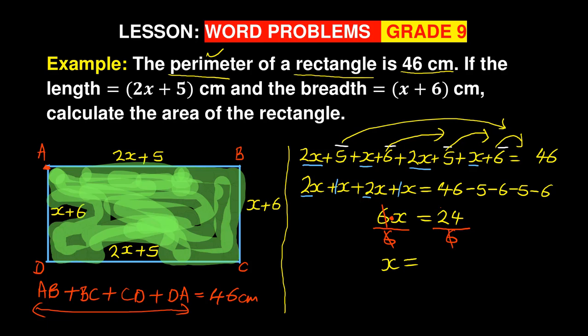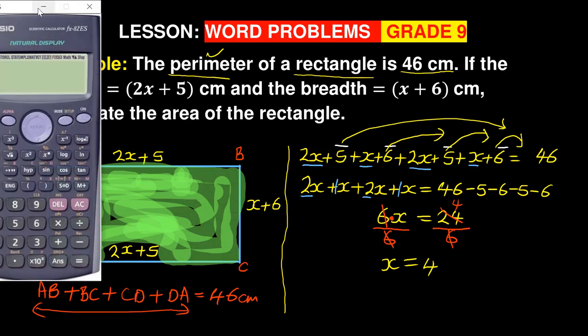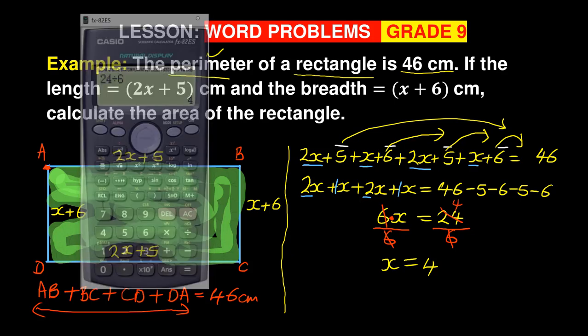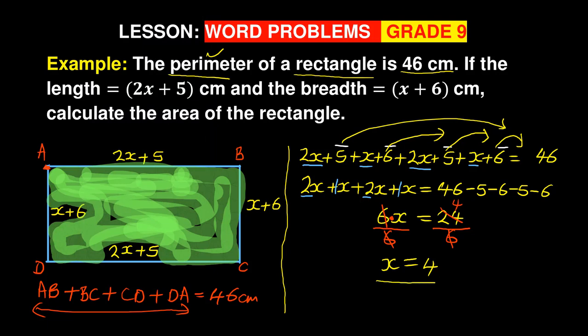In this case it is 4, but you can test it. Always test it with your calculator, because it helps you to ensure that your answers are correct. So which is 4. So now you have got x is equal to 4.